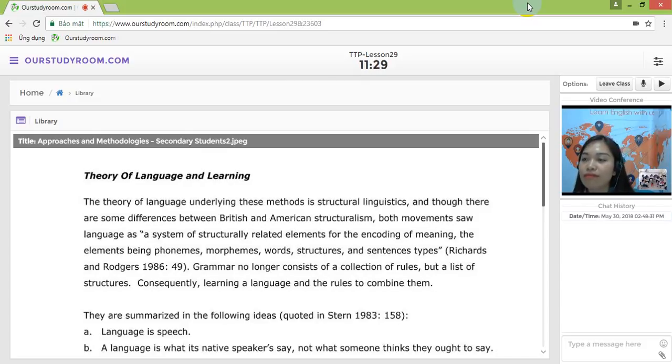She creates some situation for the students and asks the students how to answer, and the teacher will check the students' understanding of the lesson and can give points or marks to the students. Yes, okay. Very good, teacher Rosie.